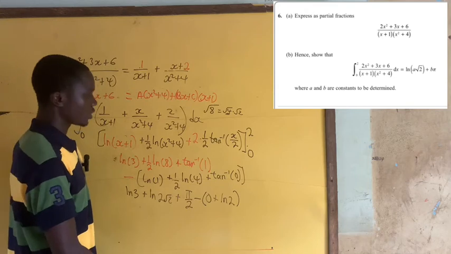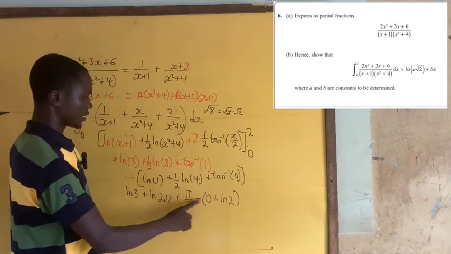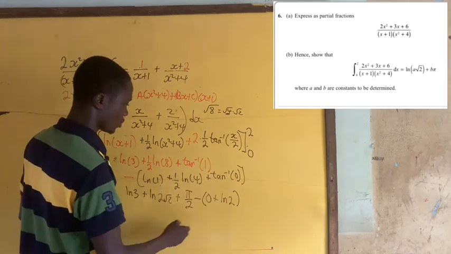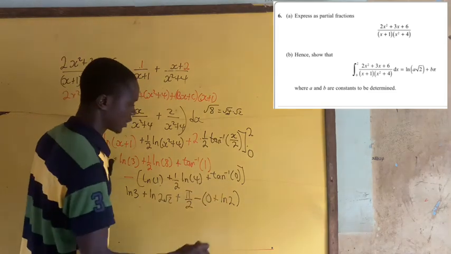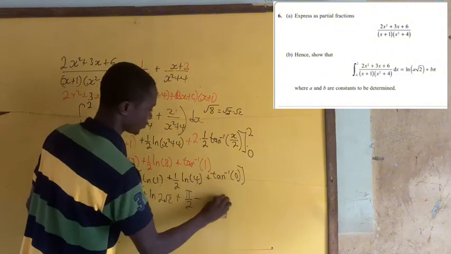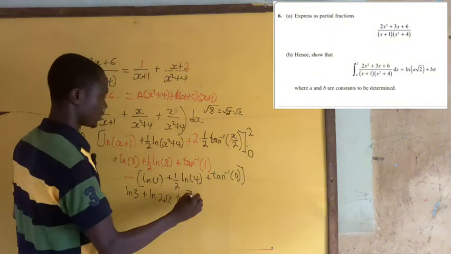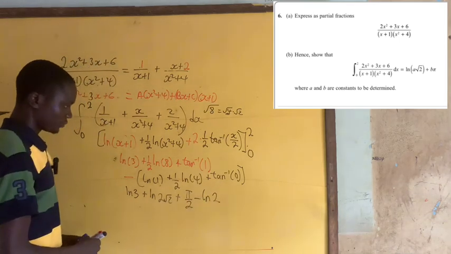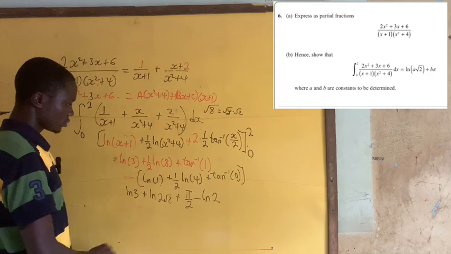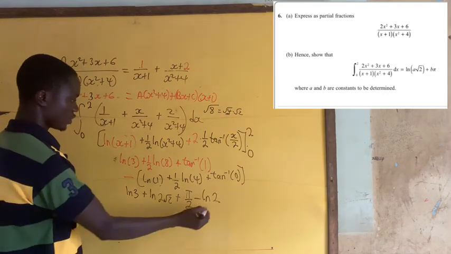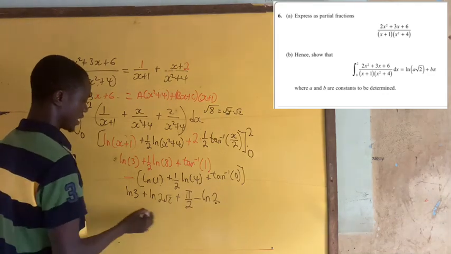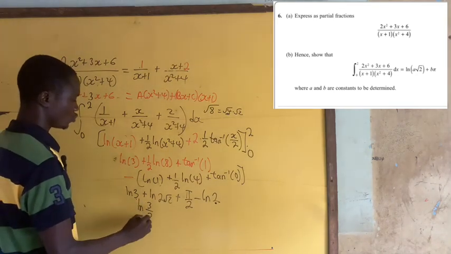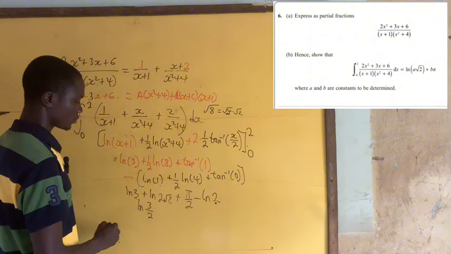So this is 0, 0, ln of 2. So I can clean this one off and make it minus ln of 2. So minus ln of 2, in a very simple way. Here we have 2 here and we have 3 here, so we can have ln of 3 on 2.